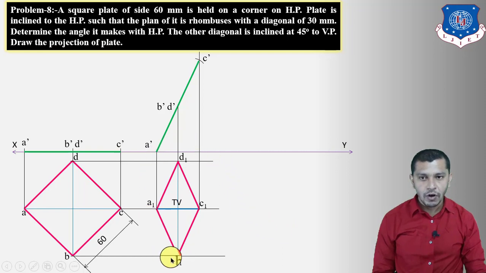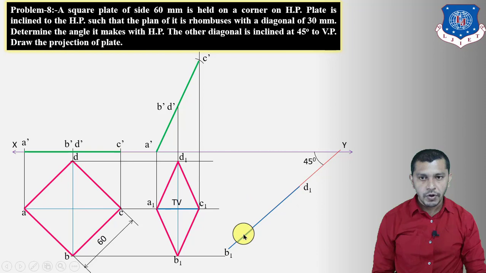So now you can copy this figure by taking B1D1 at an angle of 45 degrees to the XY reference line. So draw a line inclined at an angle of 45 degrees, and on this line mark B1D1 first. This is B1D1, measured from the top view in the second stage.